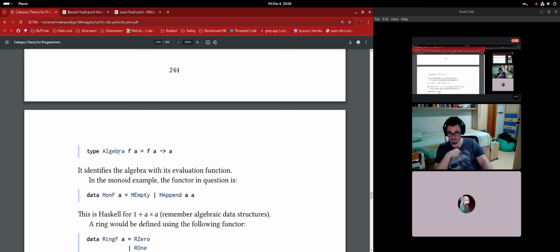Wait a moment. You're saying that F is going to be Haskell's and A is going to be Lisp's. Yes. If you're doing a compiler from Haskell to Lisp, F is Haskell F, and A is Fix of Lisp F. Wait a moment.